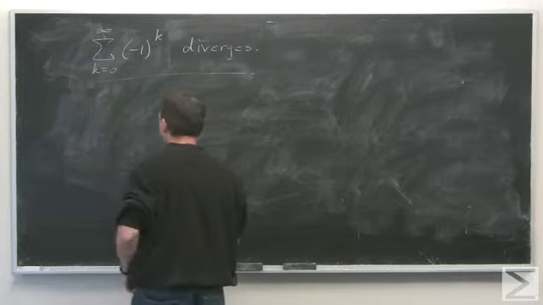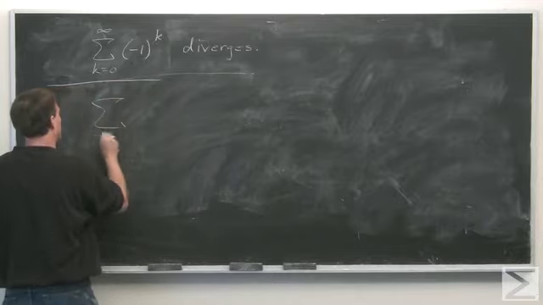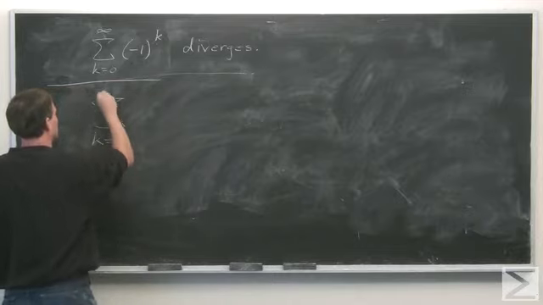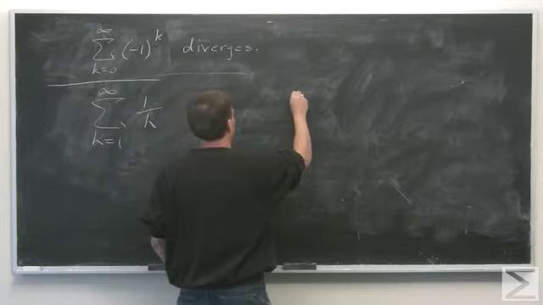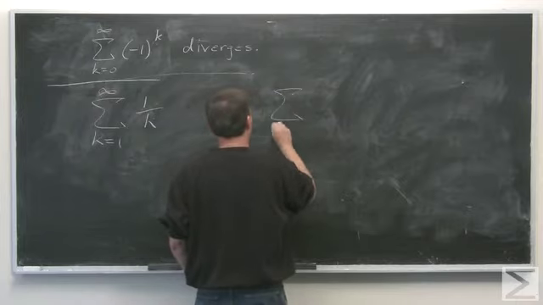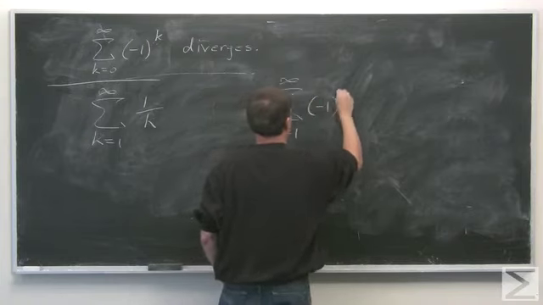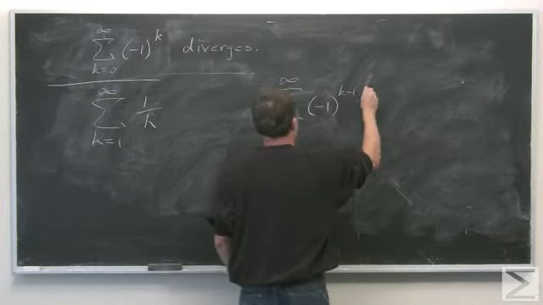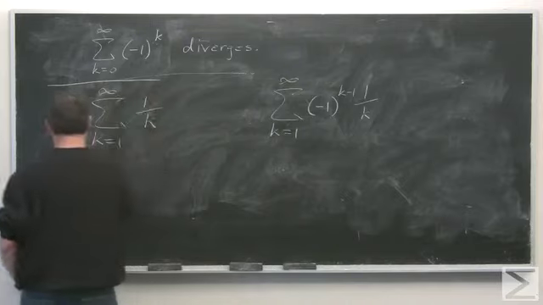So I want you to remember, we've talked about the harmonic series and the alternating harmonic series. So let me put these back up. We've looked at both of these before. So this is the harmonic series.